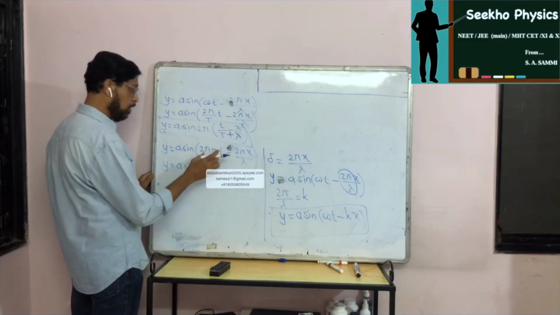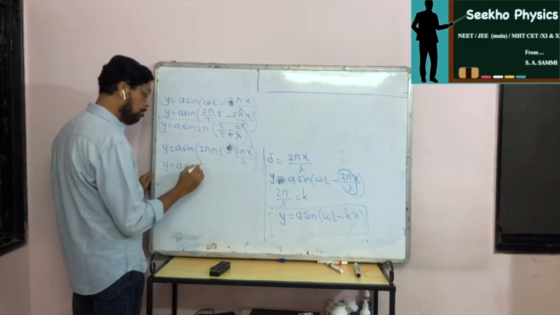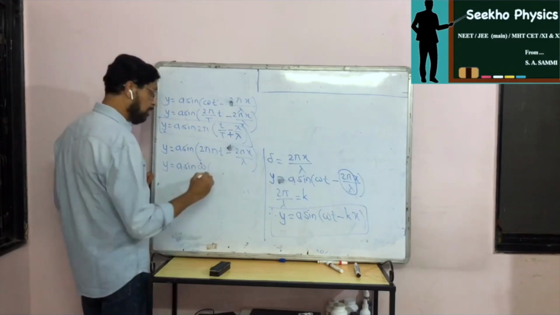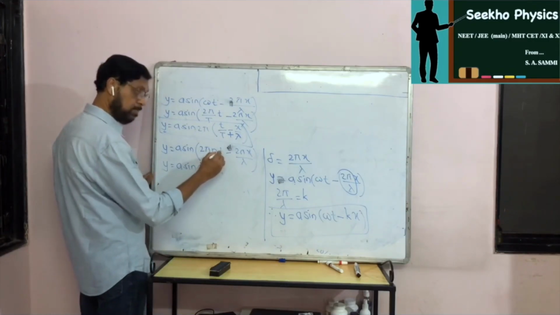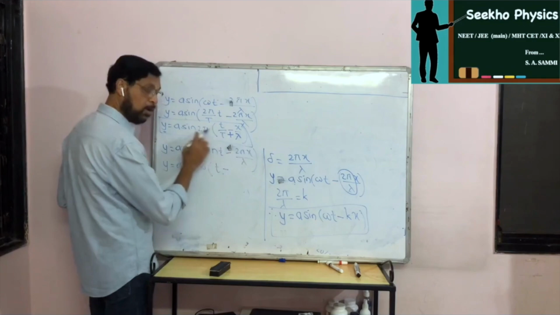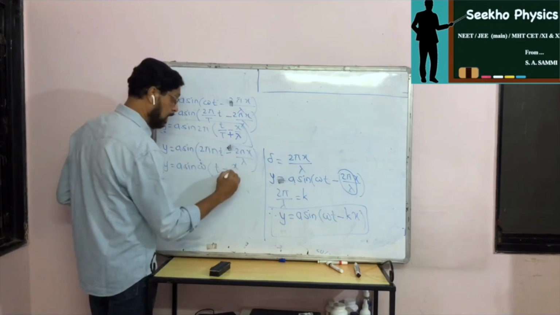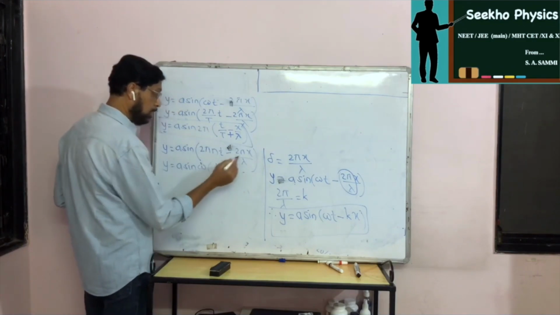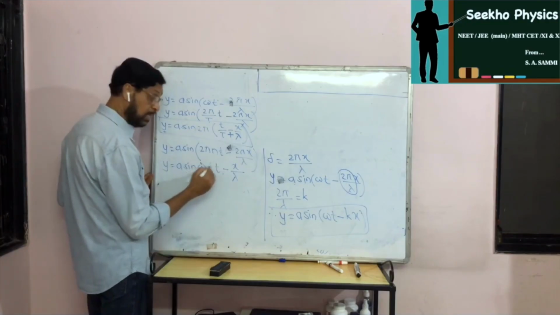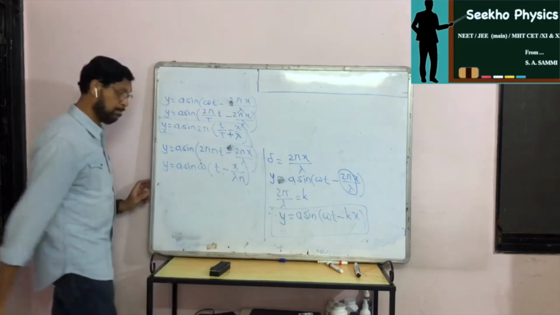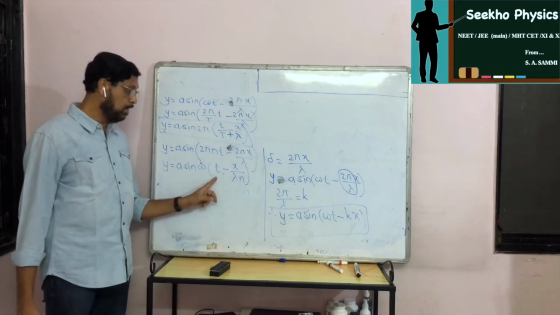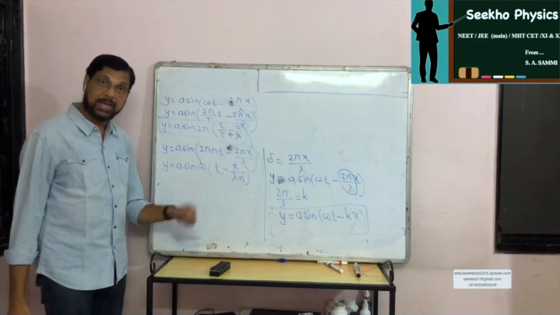A sine 2 pi n means omega. आतमध्ये काय राहिलं? t minus, हे 2 pi already बाहेर आलाय, x upon lambda. इथं n नव्हता, आपण इथं n कॉमन घेतलाय, म्हणजे खाली काय येईल? n. a sin omega t minus x upon lambda n.